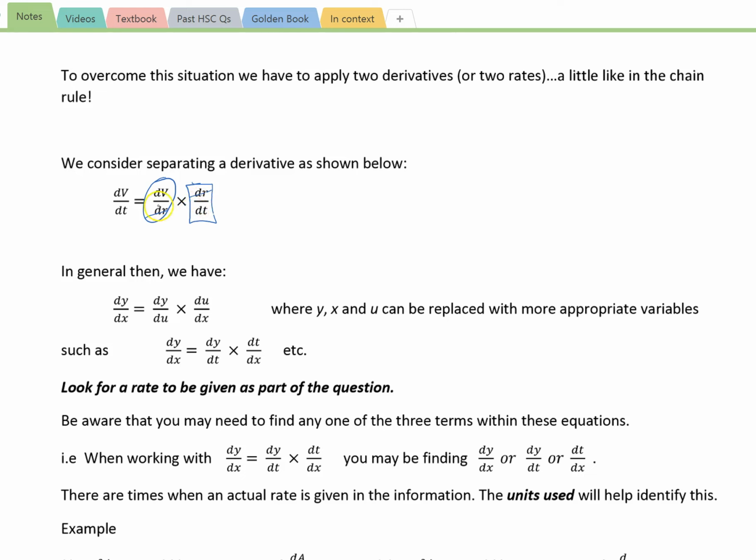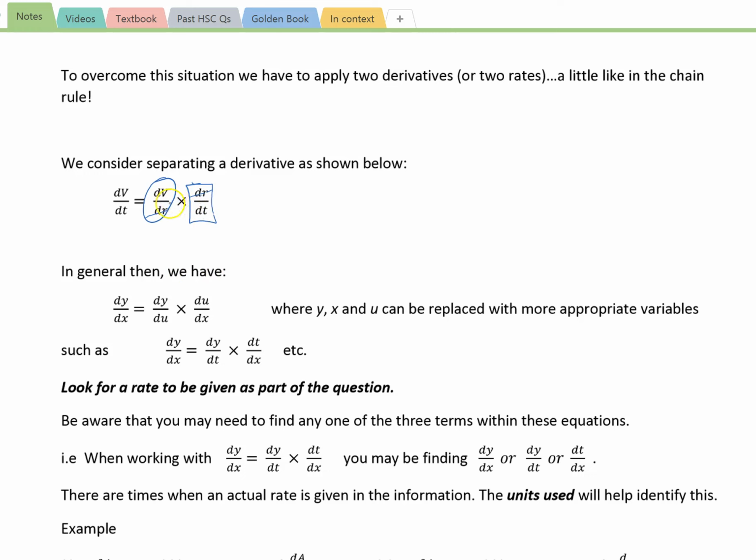So one of these rates will be given. One we will be able to find by using a formula. We'll be able to differentiate a formula with respect to time. And like I said, the other will be given.